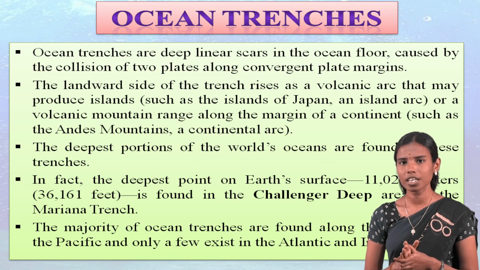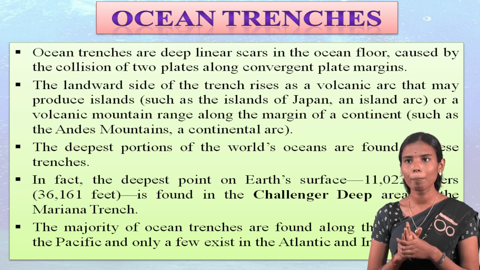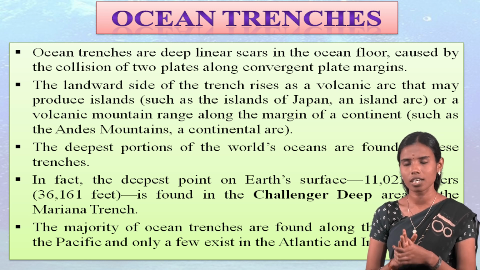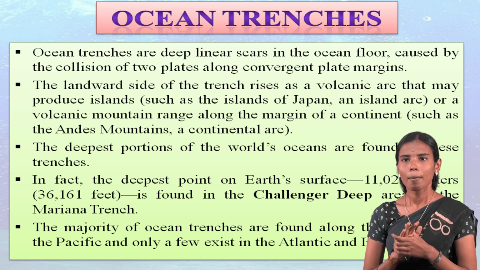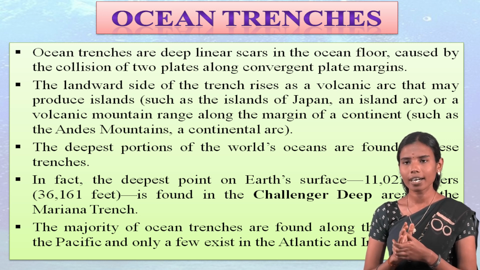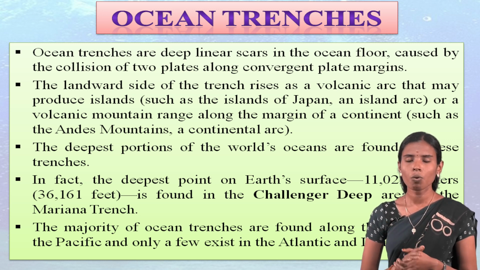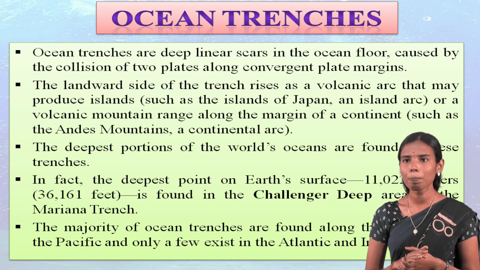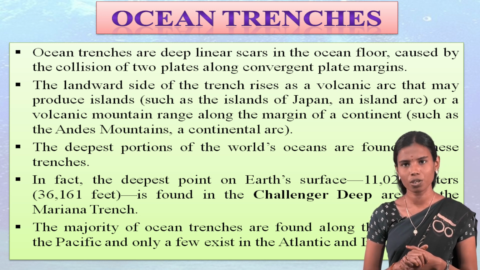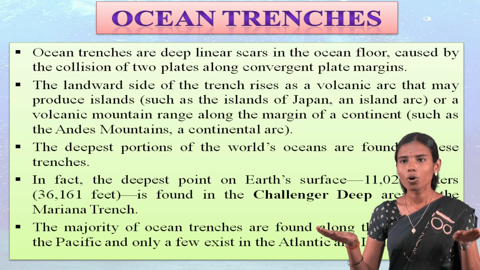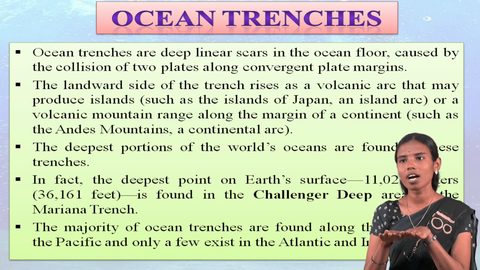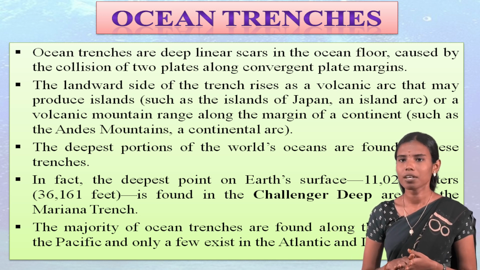Next we will see about the oceanic trenches. Oceanic trenches are an important destructive feature present in the deep ocean basin, that is the active continental margin. The oceanic trenches are deep linear scars in the ocean floor caused by the collision of two plates along the convergent plate margin.